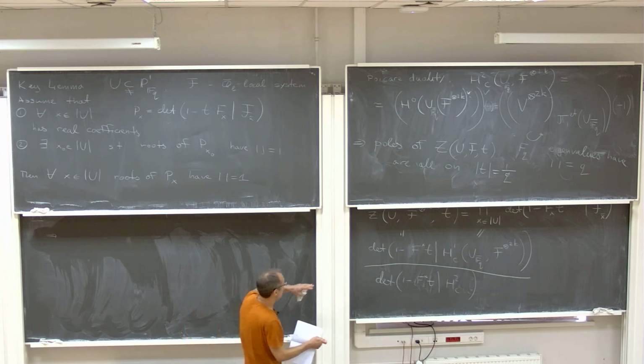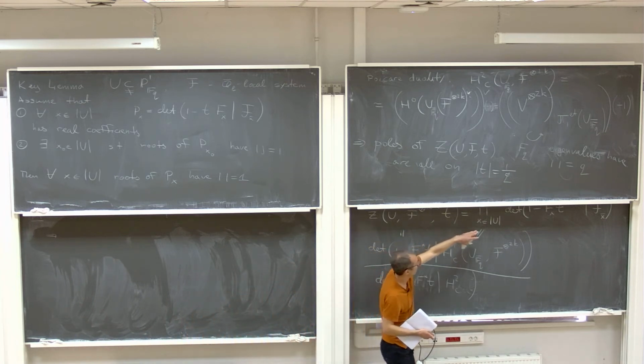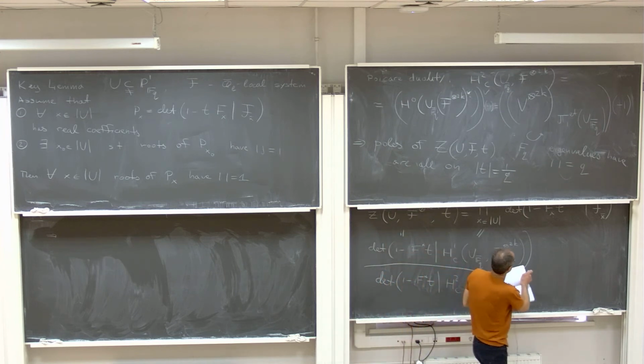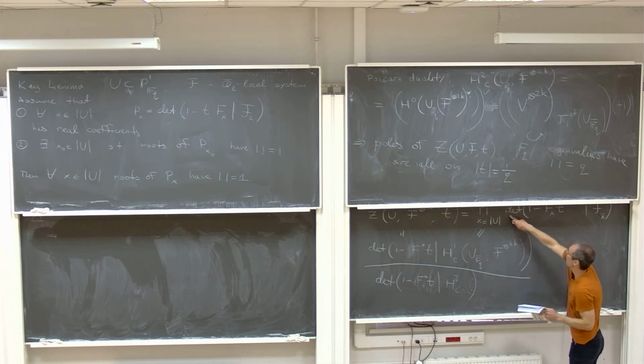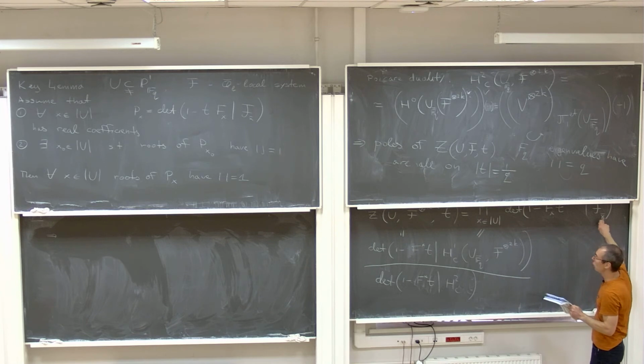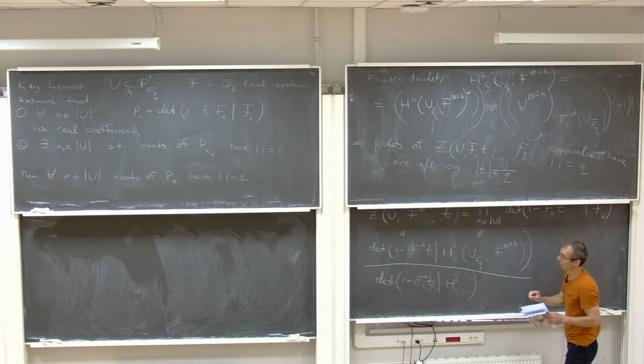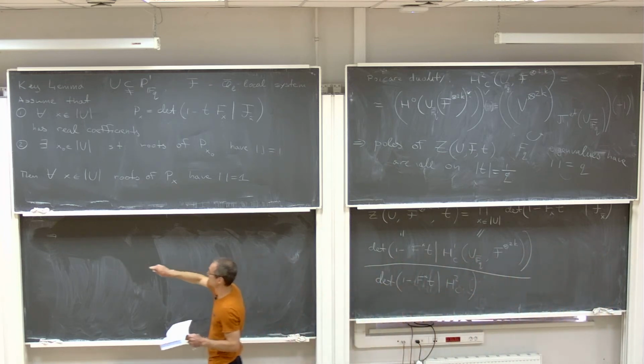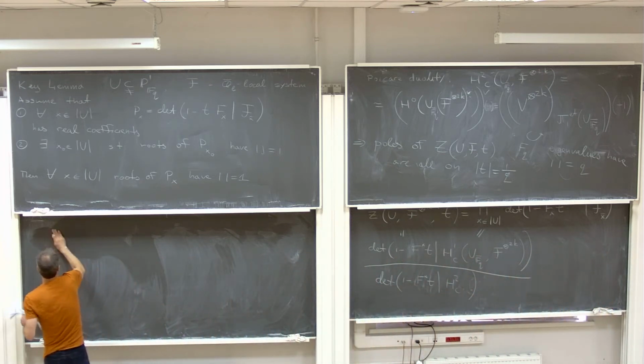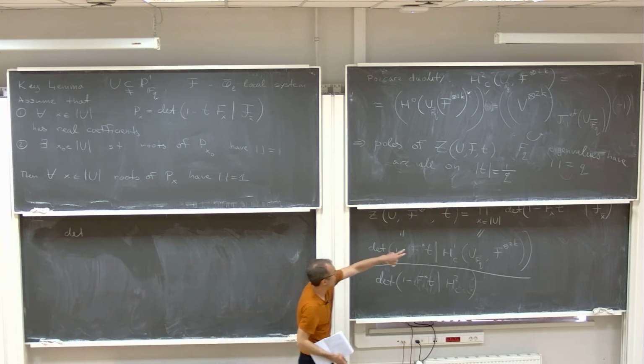So let's now look at this formula here. So this is a power series, right? This is a product of polynomials. So let's look at this formula now.